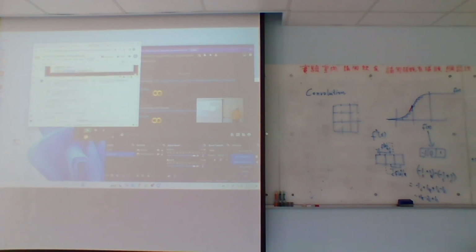So here we have a different image from Wikipedia of a bird. And then before, instead of implementing the Sobel edge detector by hand, I use the built-in Sobel edge detector from the OpenCV library.